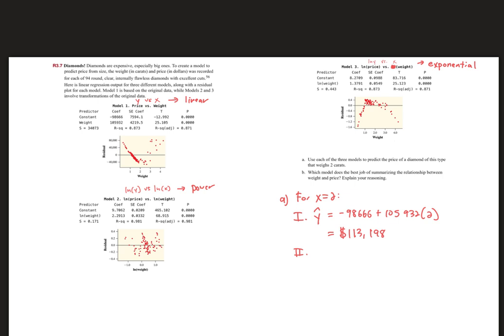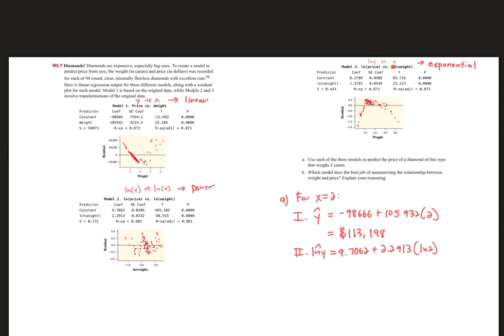Now model 2. Model 2 is ln y versus ln x, so this will be ln y predicted equals 9.7062 as the y-intercept plus 2.2913 as the slope times, but it's not x, it's ln x, so we use ln 2, because we're plugging in 2 for x, but the x in this case is really ln x.